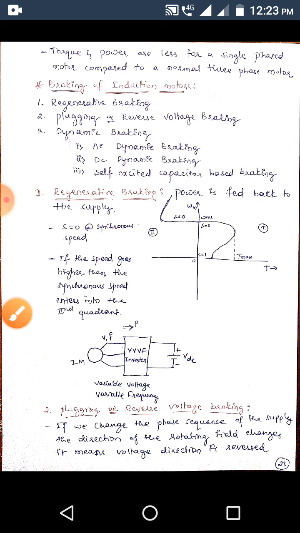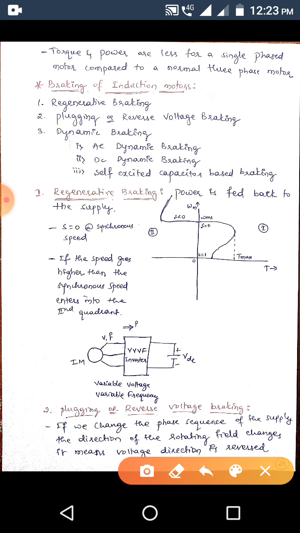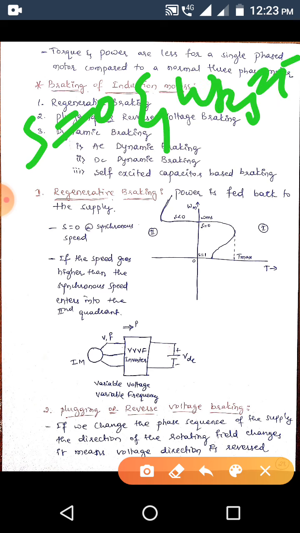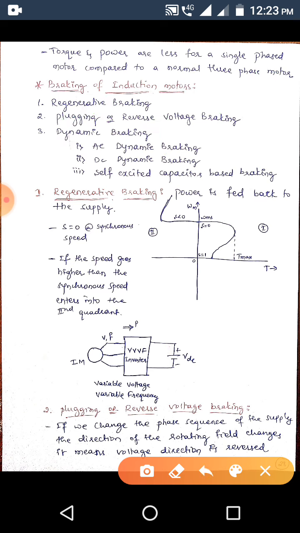The slip is 0 at the no load speed, or at the synchronous speed, s is equal to 0, you can observe this. If the slip is 1, the speed is reduced to 0 or negligible. So this is the normal operation occurring in the first quadrant.